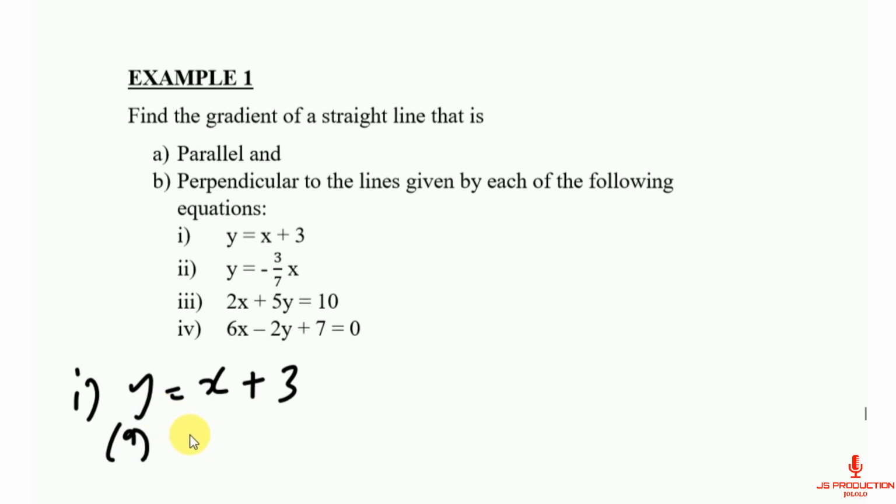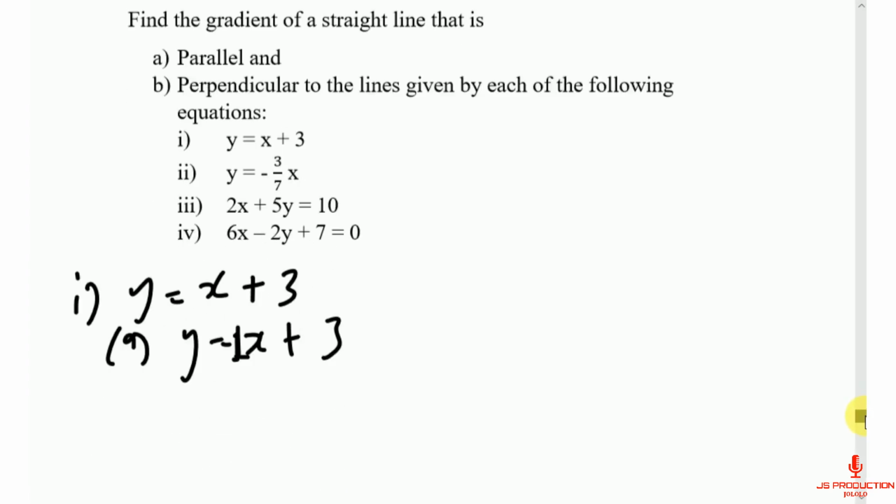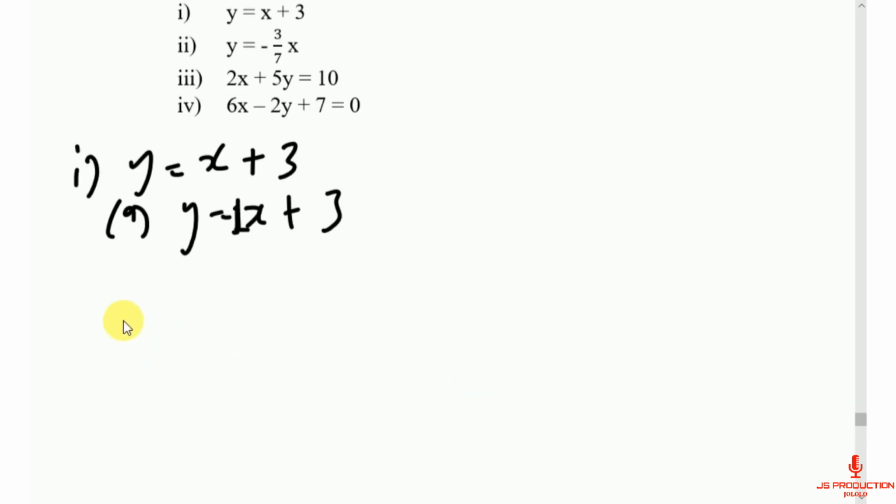Since I know that the equation is y is equal to x plus 3, and we know that the gradient is the coefficient of x, and there we have an invisible 1, the gradient of that equation is 1.